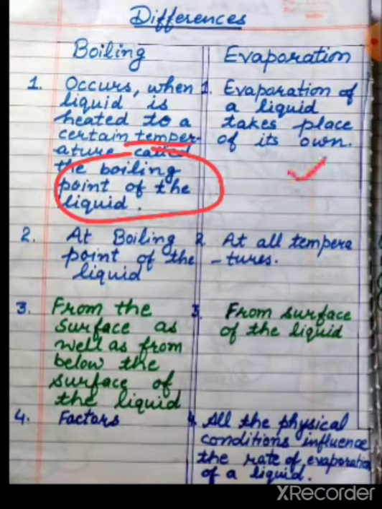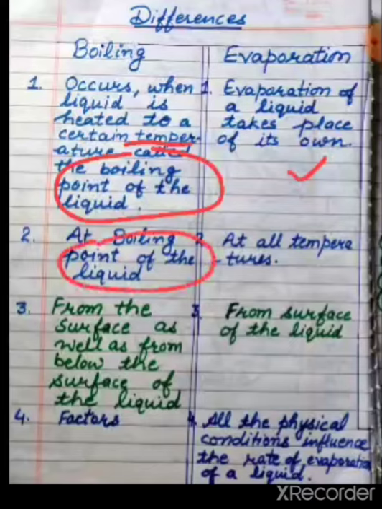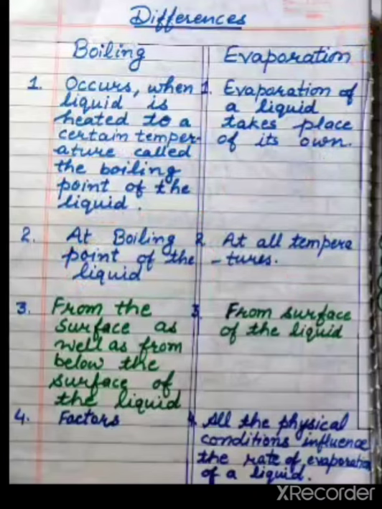Second point is boiling takes place at a specific temperature known as the boiling point of the liquid, whereas evaporation takes place at all temperatures. Third point is boiling occurs from the surface as well as from below the surface of the liquid. But evaporation is a surface phenomenon and it occurs only from the surface of the liquid.